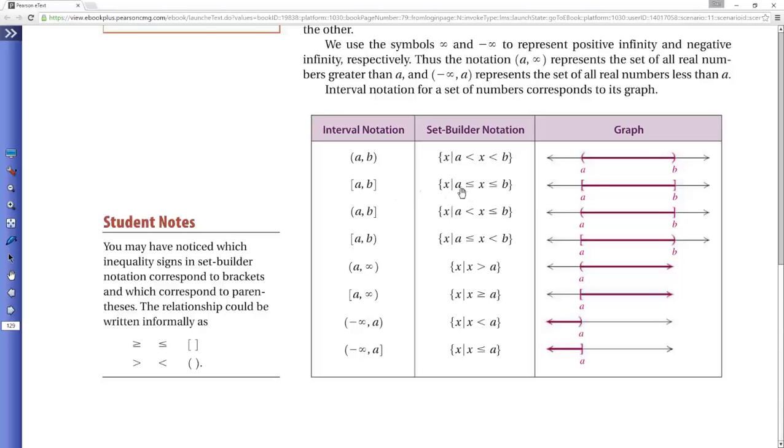Like in this case, this is A is left of x, and x is left of or equal to B right here. In this case it'd be square bracketed, and in this case the curved bracket on the A side and the square bracket because of the equal sign, and so on. Take a good look at that and you'll see the pictures, and here are the 3 different ways we can represent solutions to inequalities.